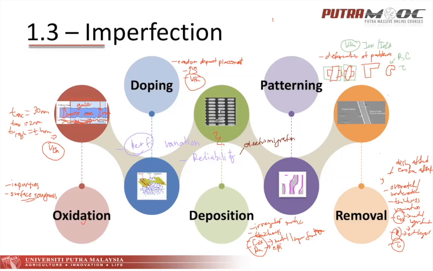If the metal tracks are exposed to high current density after a certain period of time, the molecules of the aluminium can change place, I mean, they can move from one place to another. This is what we call electro migration. Because of this, it can change the resistivity of the metal track, or it can cause fatal defects. It can either introduce shorts or open circuits in your chip. So this is one of the reliability issues.